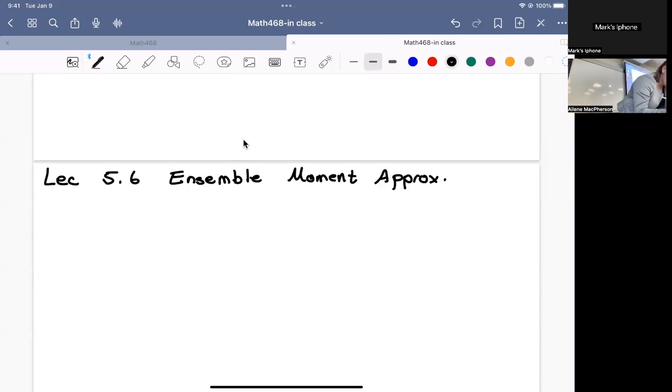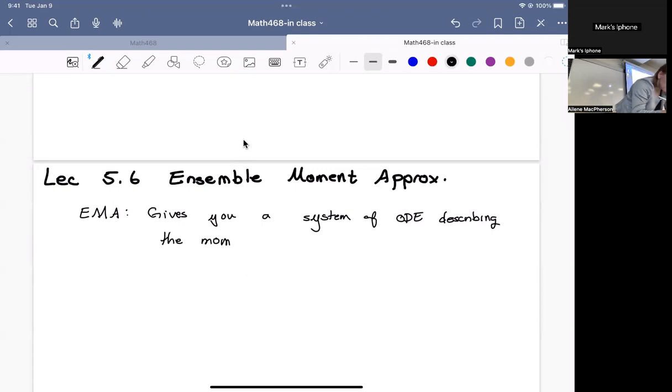The ensemble moment approximation, which I am just going to abbreviate with EMA, gives you a system of ODEs that don't describe the full probability distribution, but rather the moments of that probability distribution.